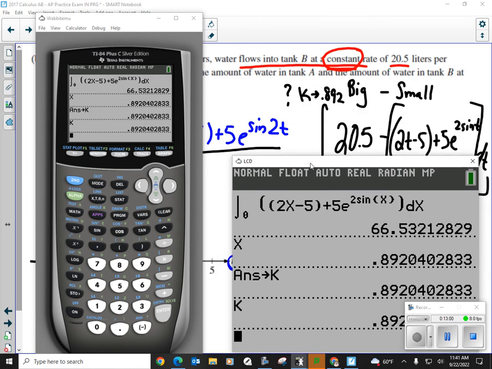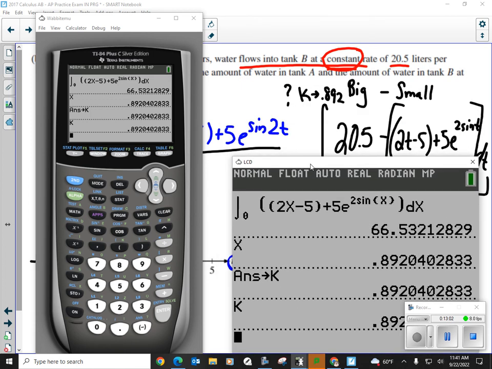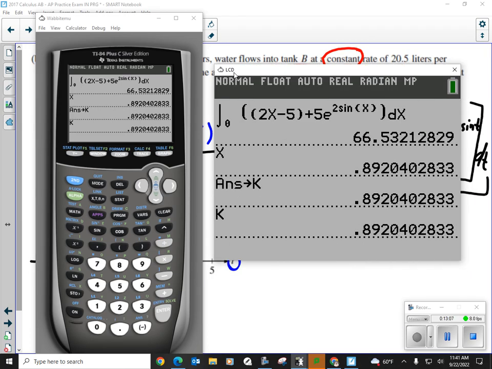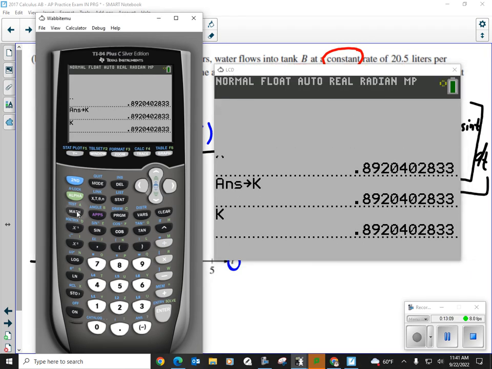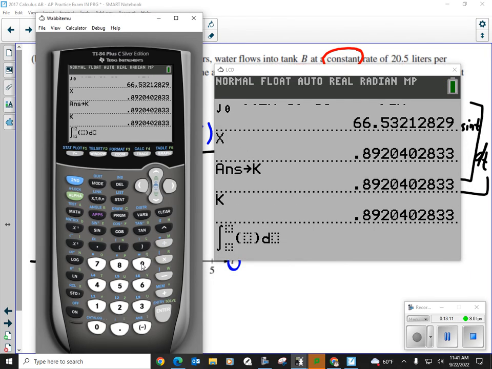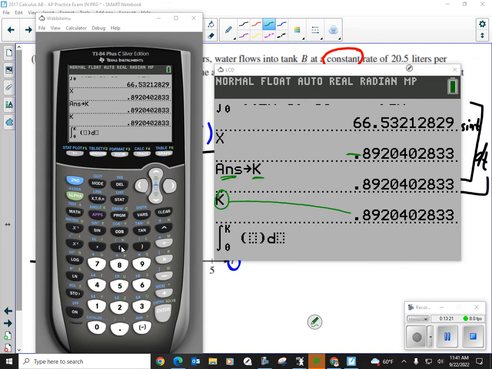Move this down here. We're going to integrate that whole nasty thing. And I'm going to say, math, 9 is an integral. I'm going to go from 0, and I'm going to put k up here. Because remember, I stored my answer into k. K right now, until I store something else into it, or I clear my calculator, will have that long number.